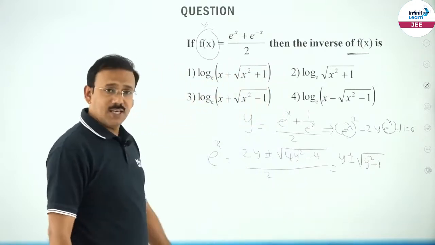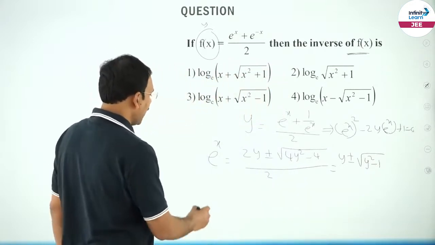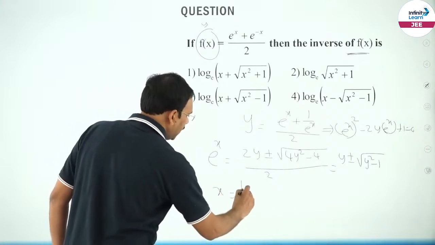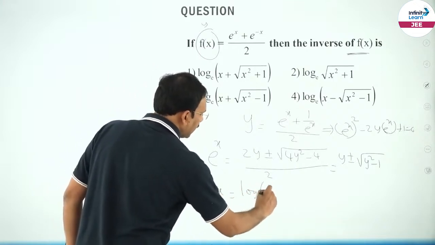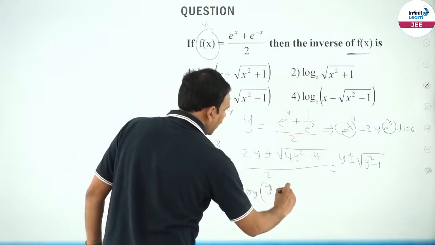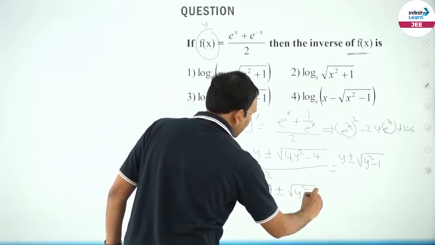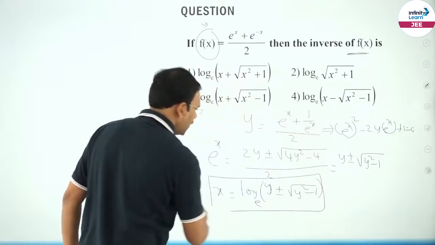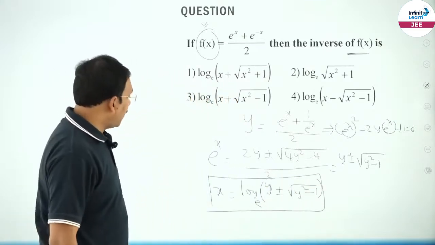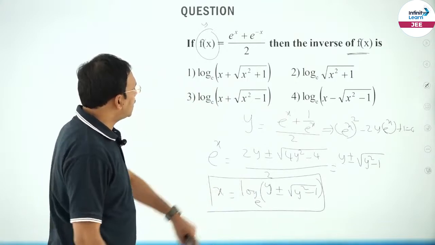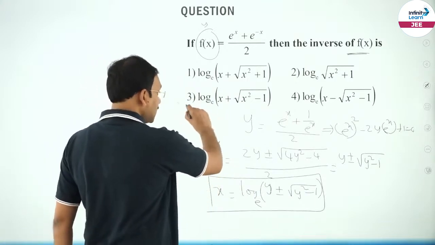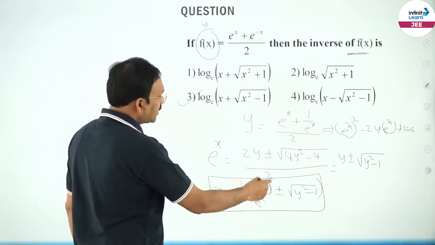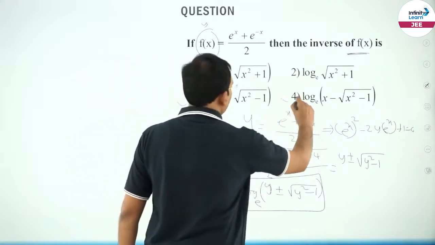So, friends, here x is going to be log of y plus or minus root of y square minus 1, base e. From this you can write the inverse. The problem is, log of x plus root of x square minus 1 is there, and log of x minus root of x square minus 1 is there.